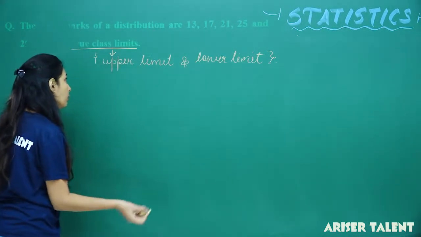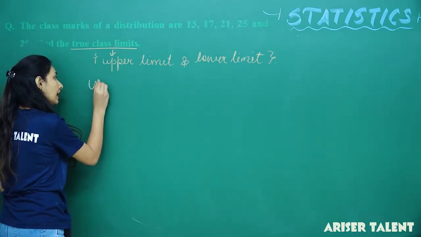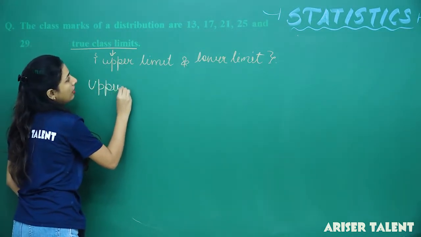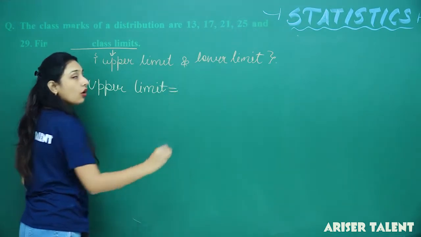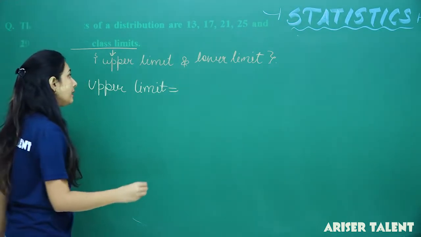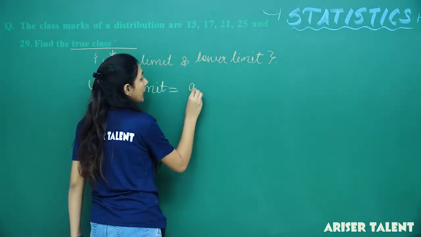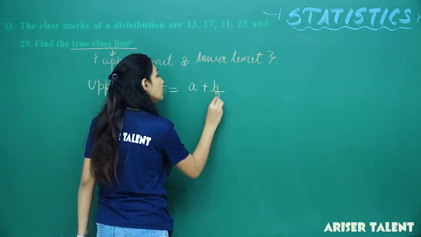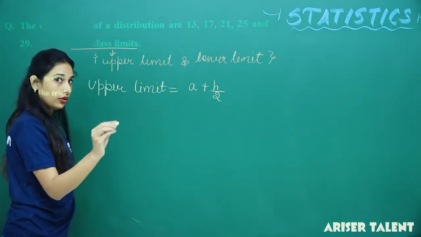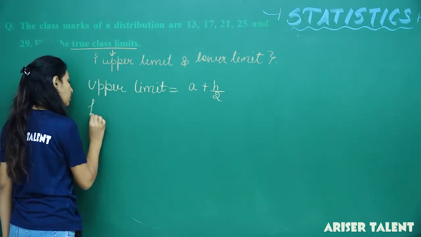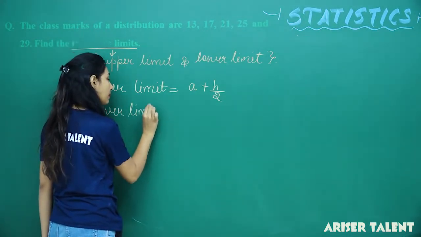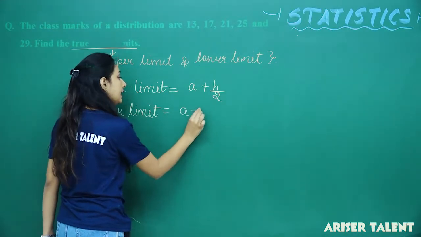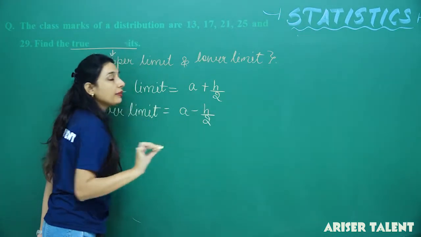What was the formula for the upper limit and lower limit? As far as I remember, the formula we are going to use for the upper limit will be A plus H by 2. Remember this. And for the lower limit, I am going to apply A minus H by 2.